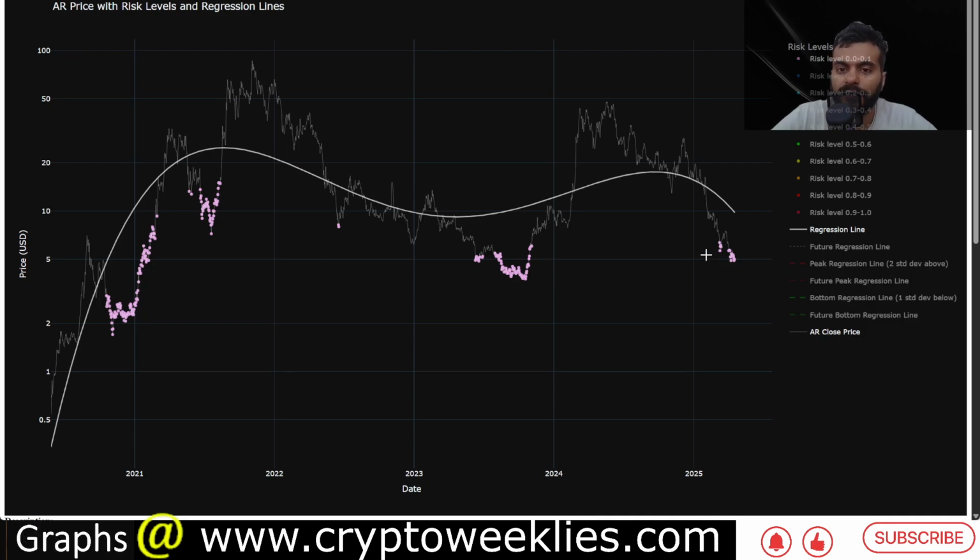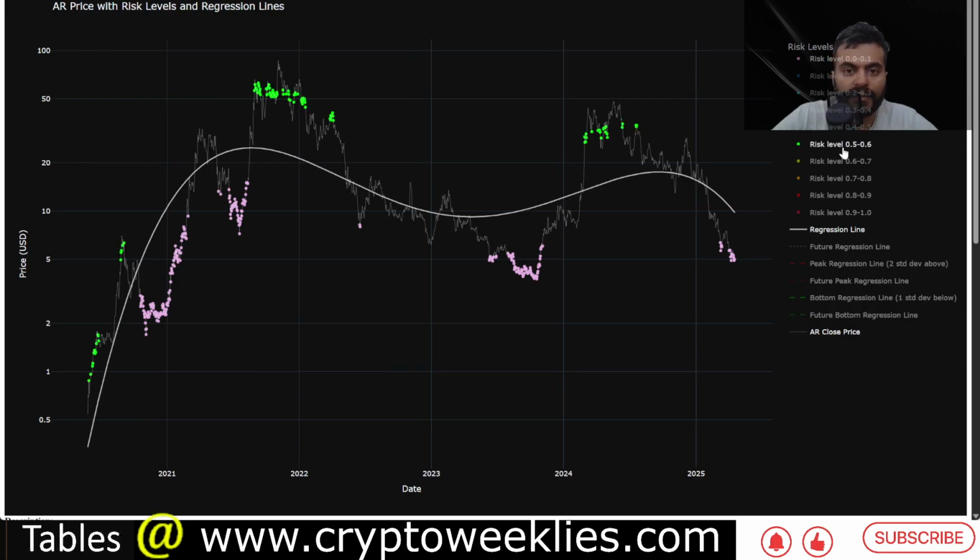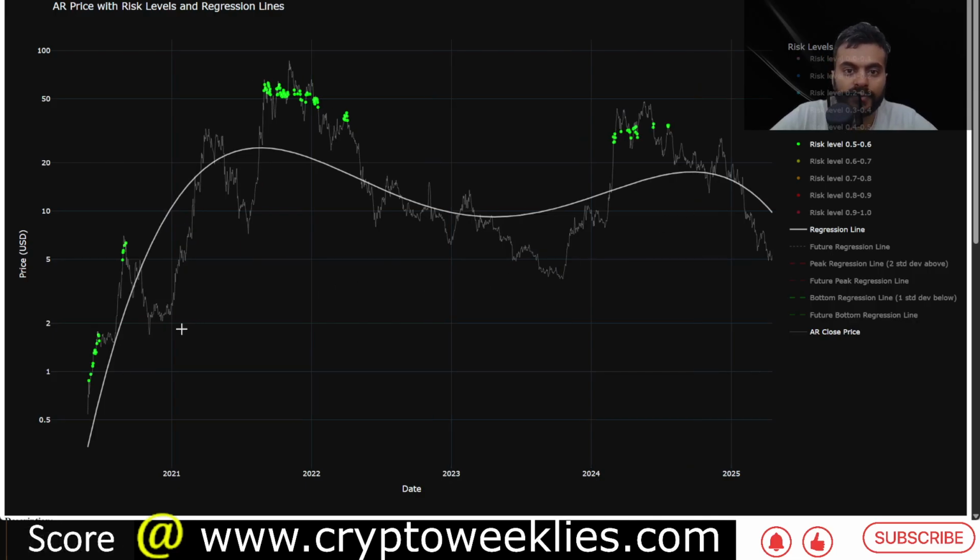If we were to extrapolate and go to the other side and say where are the rallies and how do we identify a distribution phase or overvaluation phase, what is the risk level to watch for? Again, this 50 to 60% risk band represented in this green color does eventually capture major rallies.